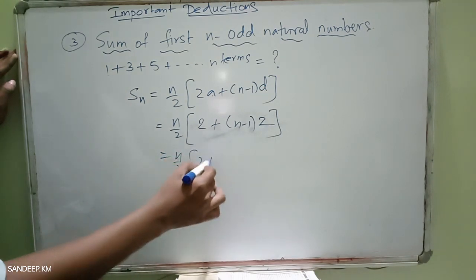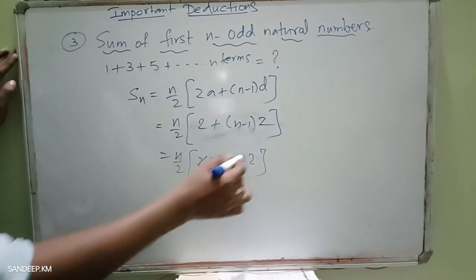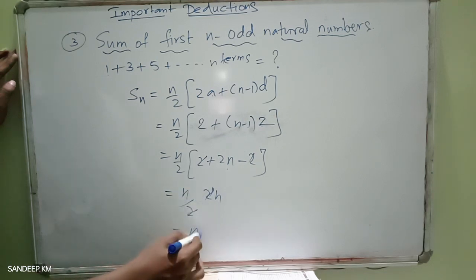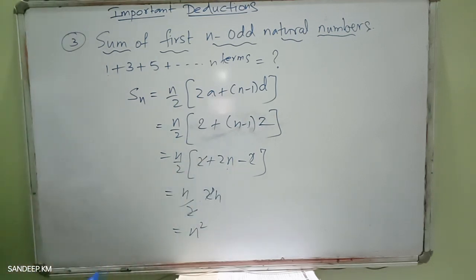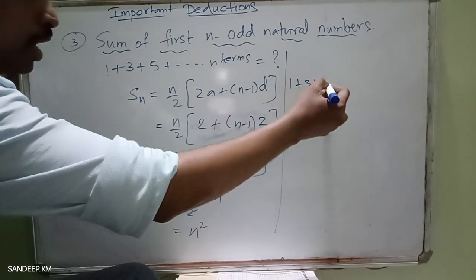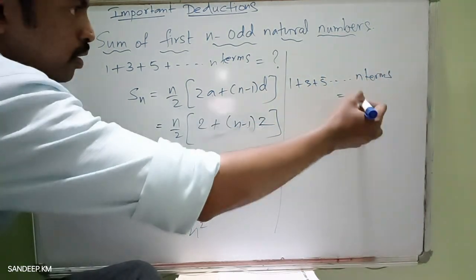So n by 2 into 2 plus 2n minus 2. The plus 2 and minus 2 cancel. N by 2 into 2n, the 2 by 2 get cancelled. You will get n square. Therefore, the sum of first n odd natural numbers is equal to n square. The conclusion: 1 plus 3 plus 5 and so on to n terms is equal to n square.